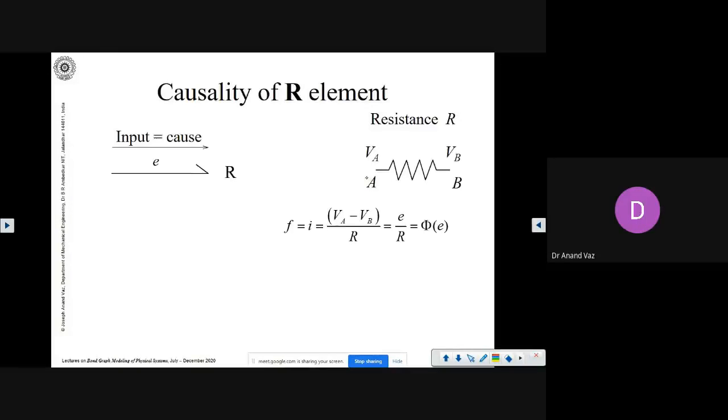It produces a current in this, which is directly proportional to the potential difference. And this relationship is given by this R.